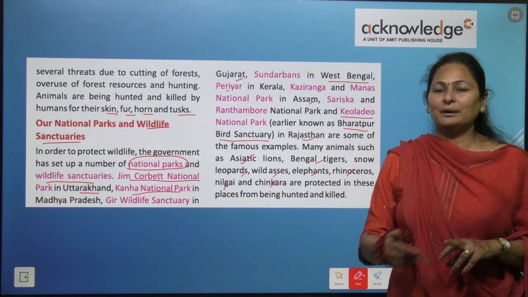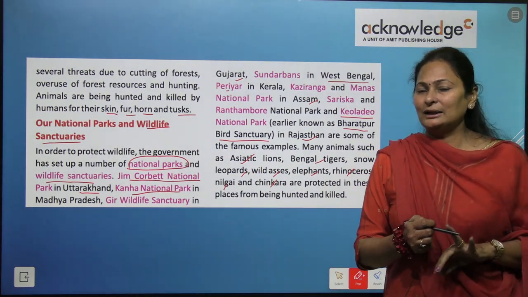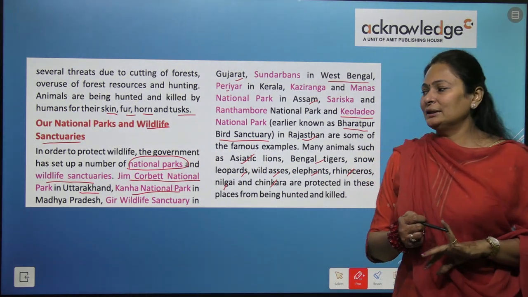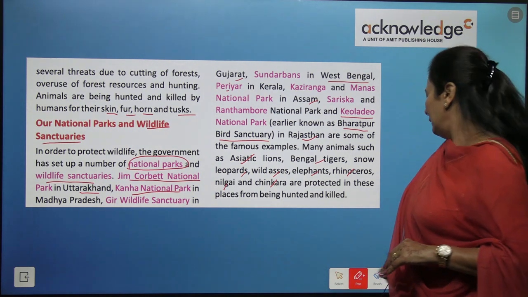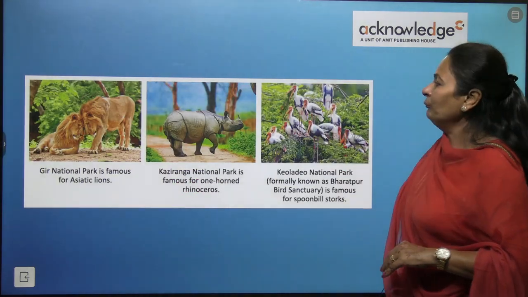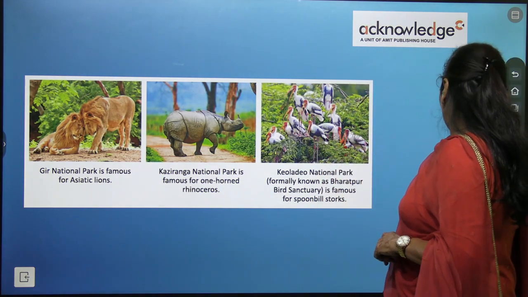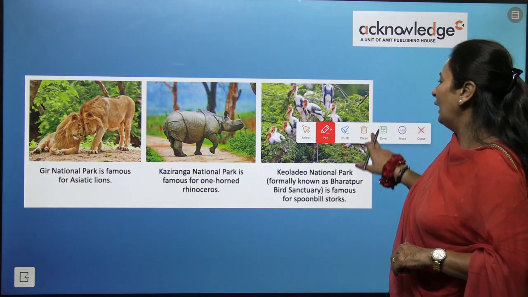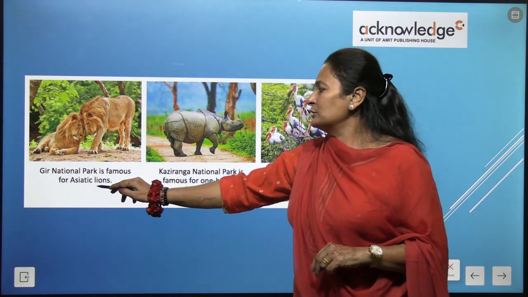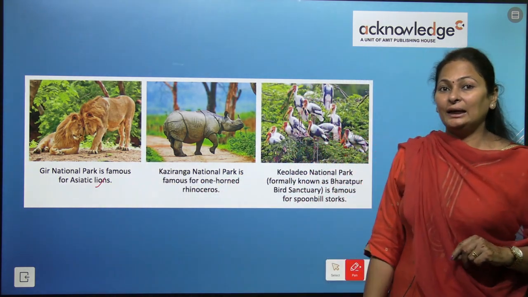You need to remember the name of the national park as well as the location where it is situated, right, kids? Now, Gir National Park. Where is it? It is in Gujarat. It is famous for Asiatic lions.